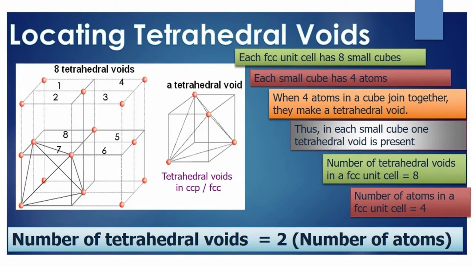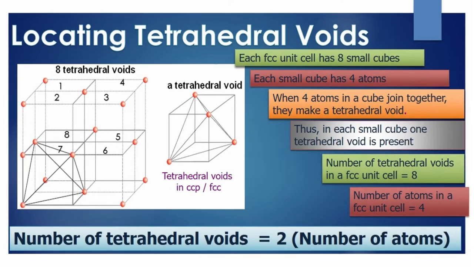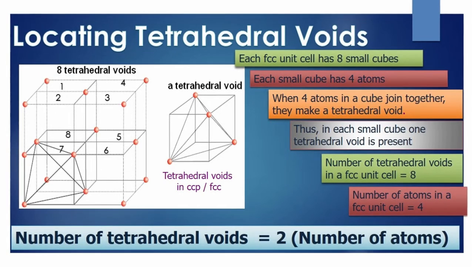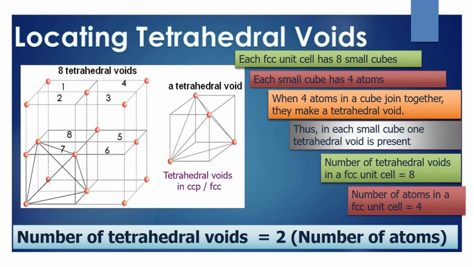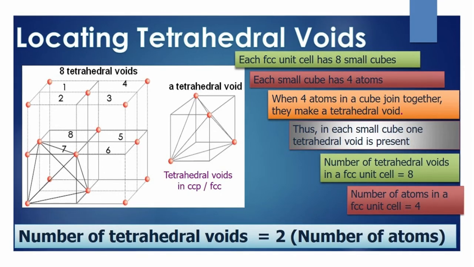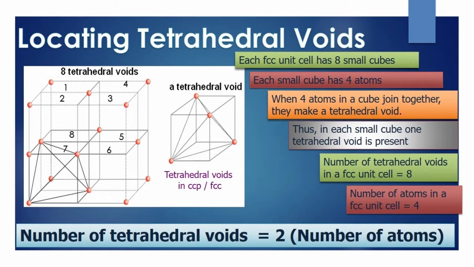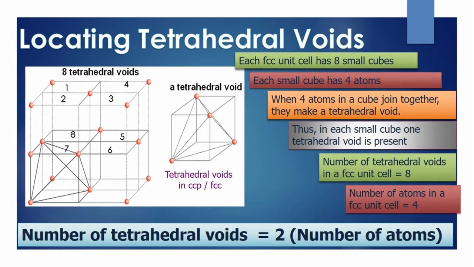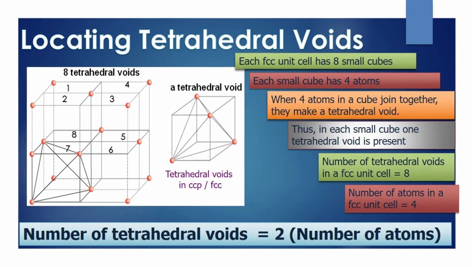When you join those 4 atoms in a cube, you get a tetrahedral void. There are 8 such small cubes in the unit cell, so you can generate 8 such tetrahedral voids. And we also know the number of atoms present in the face-centered cubic unit cell is equal to 4. Thus, you can verify that if the number of tetrahedral voids is equal to 8, then the number of atoms present in that unit cell will be equal to 4.